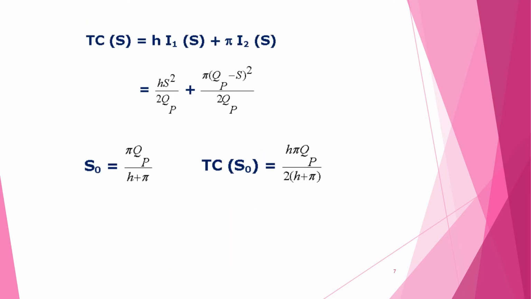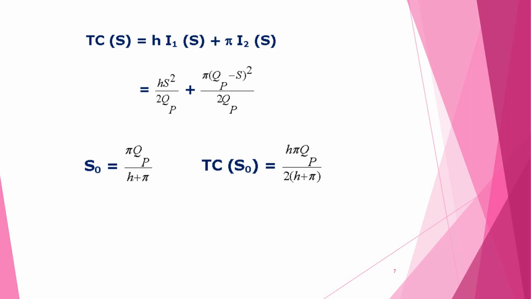As cycle time TP is fixed, ordering cost will turn out to be constant. So here the total cost of this inventory system will be the sum of inventory holding cost and shortage cost.